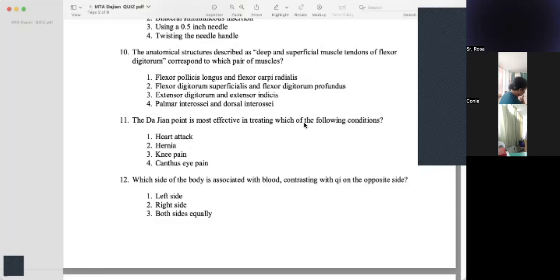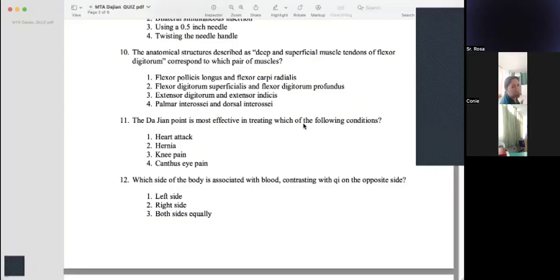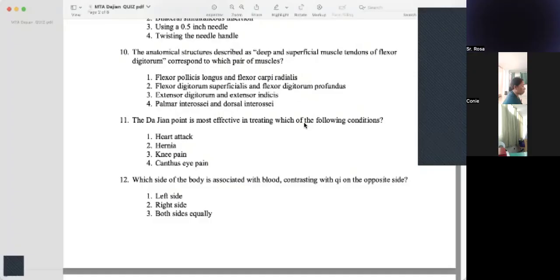You have to memorize also the muscles. Number 2, longus, superficialis and profundus. What's your answer, Ma'am Trix? Number 2, of course. It says flexor digitorum.